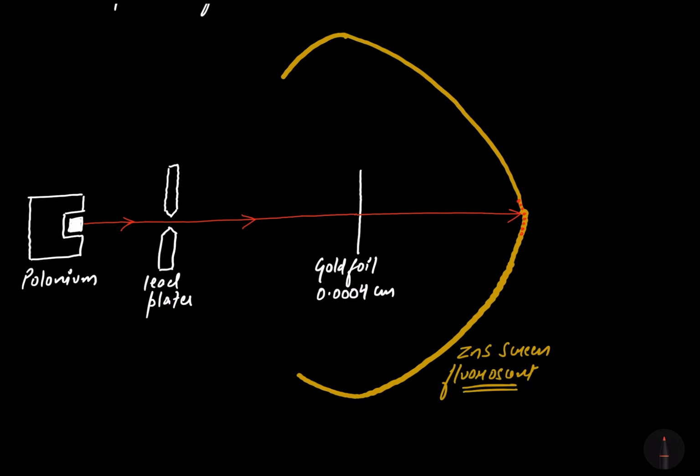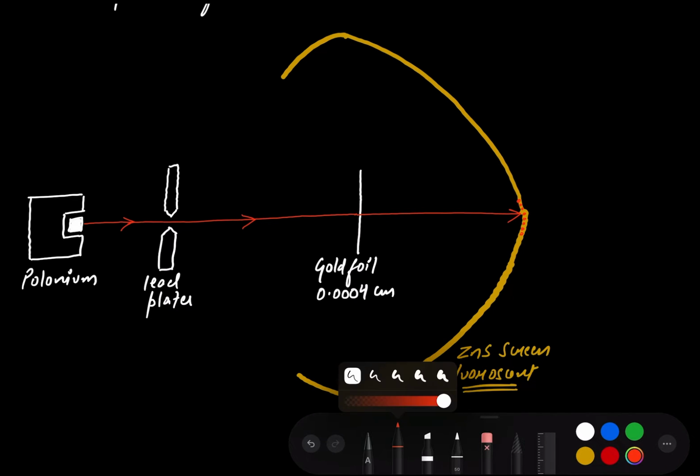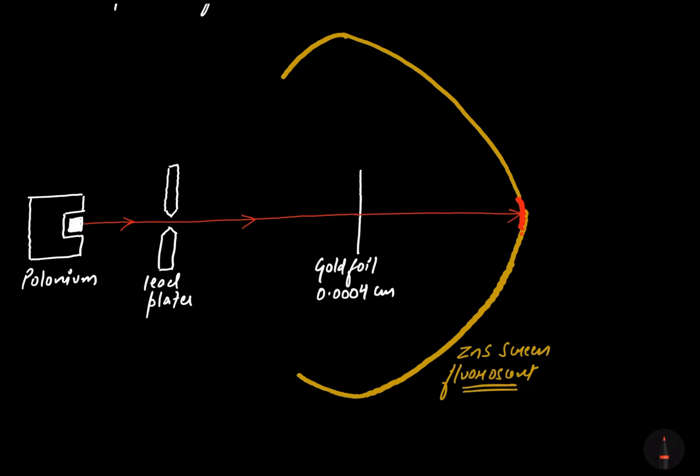After that, Rutherford observed flashes of light in this region, even also in this region. So what does it signify?